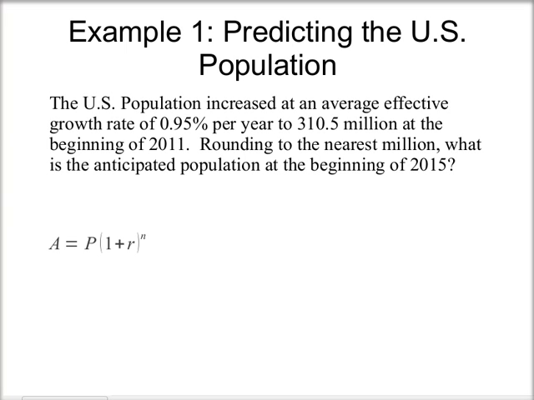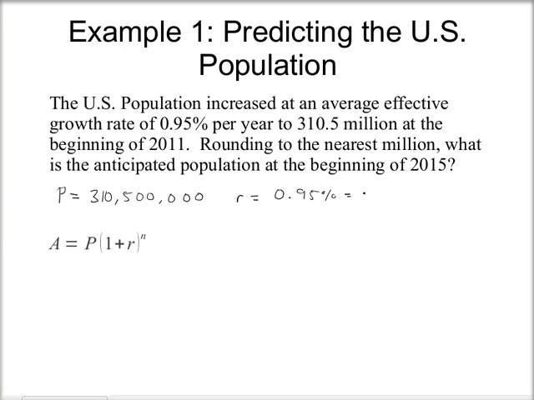We're going to go ahead and use our geometric growth formula. P is the initial population, so the population at the beginning of 2011 was 310.5 million. That's a pretty big number. R is the growth rate, 0.95%.